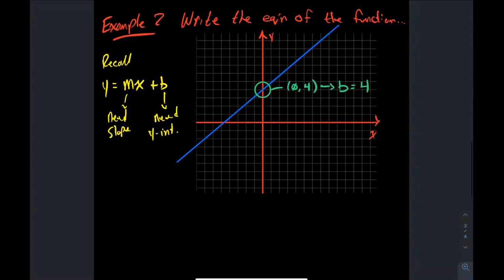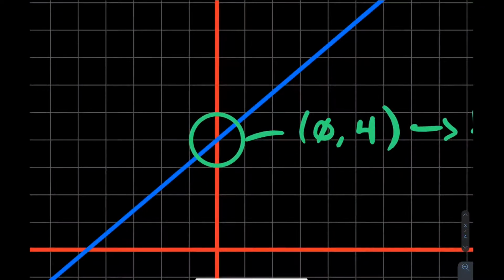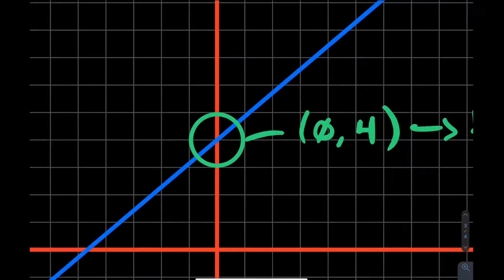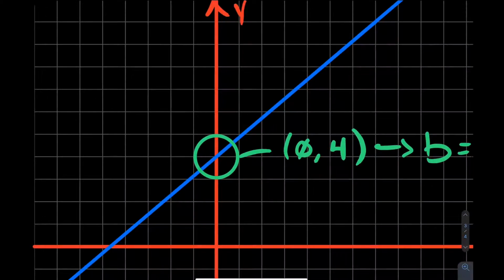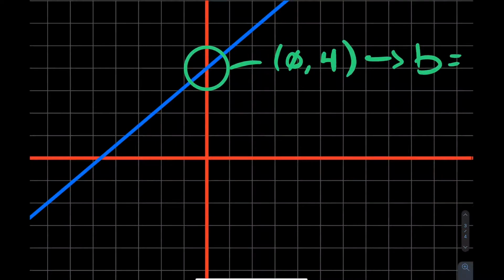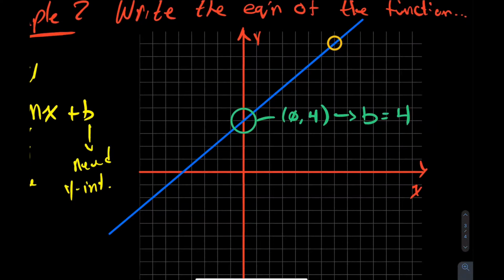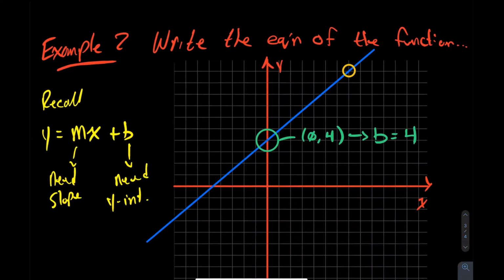We're done there. So now we just need the slope. The slope's usually the trickiest one because we need to use our special equation to figure this out. So what we need to do is find 2 nice points on this line that we can use in our slope formula. Let's say that I'm going to use this one right here. You might be wondering, can I just use this point too?